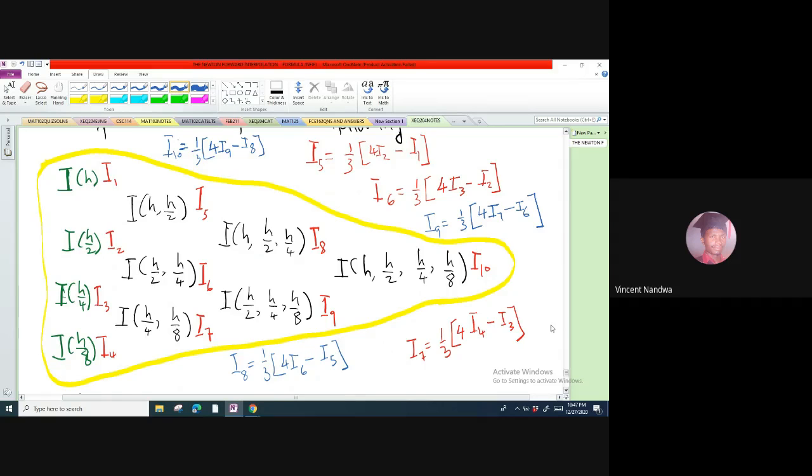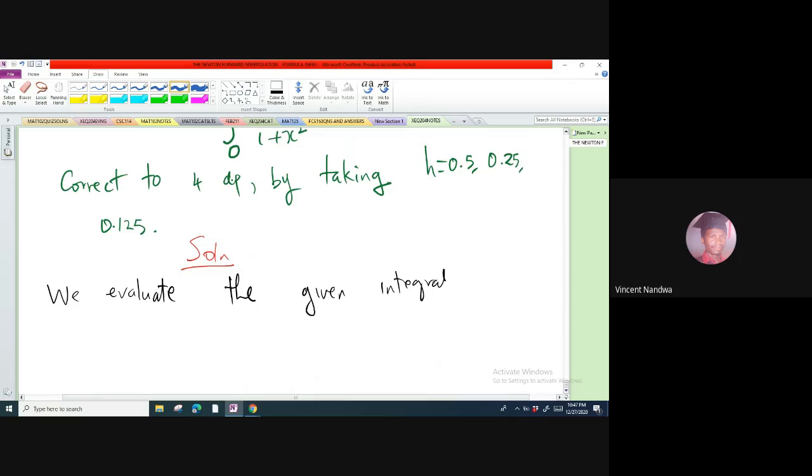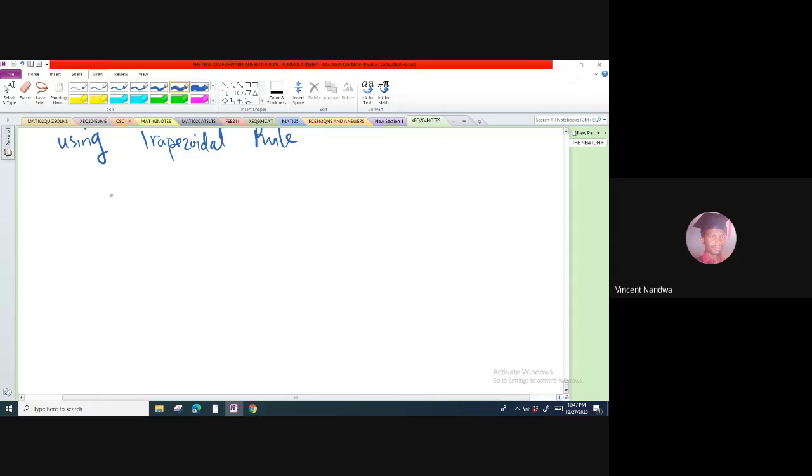That's what we have. Now let's go back to the given integral by using the trapezoidal rule. So with h equals 0.5, we have this table x and then f, so 0, 0.5, and then 1.